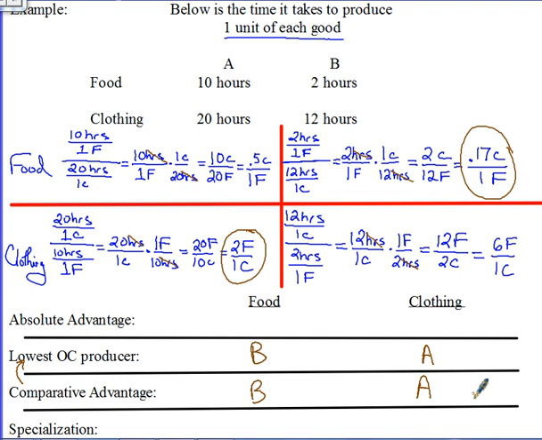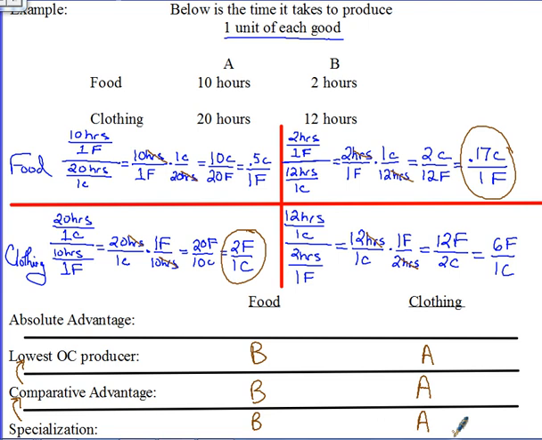That's what the definition of comparative advantage is. And then we said that specialization, well, the rule is that you specialize in the good for which you have a comparative advantage. So if B has a comparative advantage producing food, then B will specialize in food. And if A has a comparative advantage producing clothing, then A will specialize in the production of clothing.